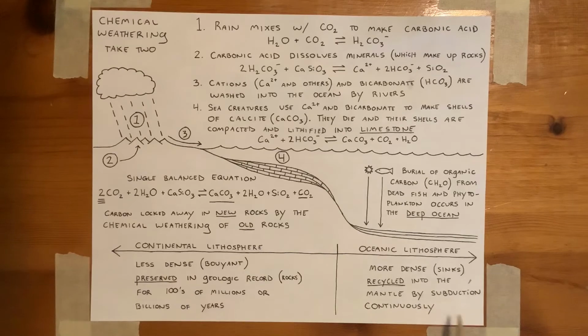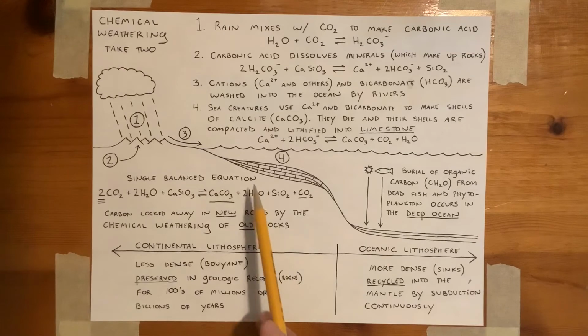And this process happens continuously over geologic time. So this stuff that's deposited down here is returned, well, relatively quickly, it still takes millions of years, but continuously returned back to the mantle through subduction. This stuff can stick around for a really, really long time, billions of years, hundreds of millions of years.